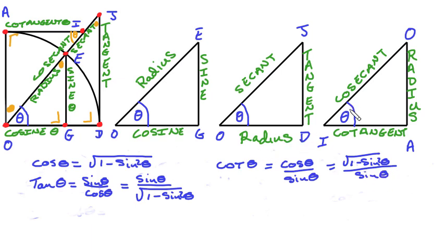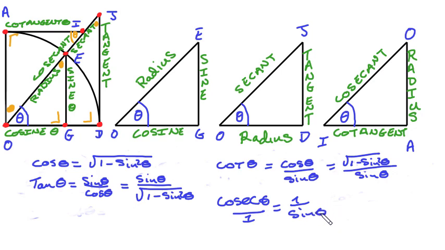We can see that the cosecant will be to a radius of 1. So we can say cosec theta over 1 will be equal to the radius over the sine, so that will be 1 over sine theta.